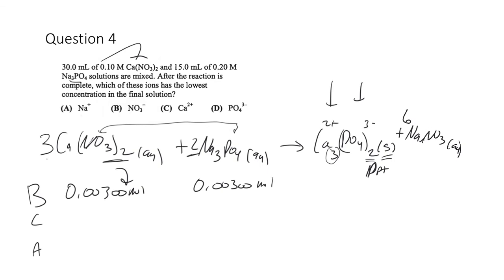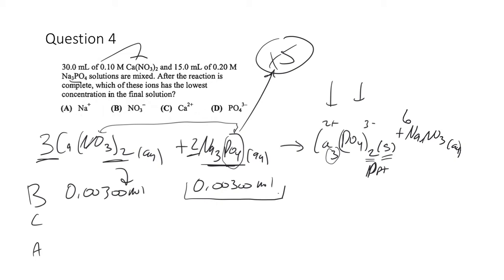But we need more of the calcium nitrate. For every mole of sodium phosphate that's consumed, we need 3 times as much calcium nitrate. So in other words, phosphate can't go to 0 here because this is part of the excess reactant.